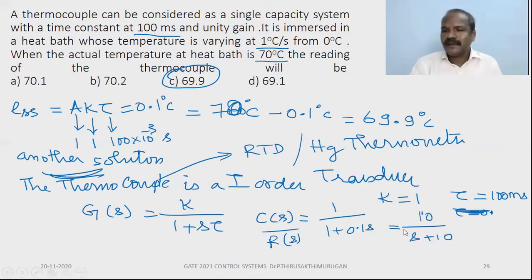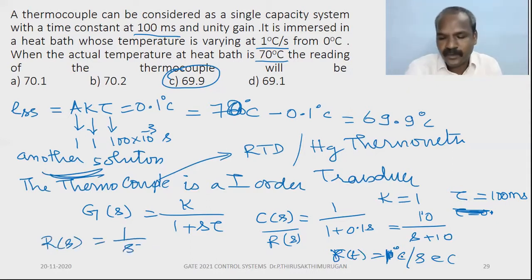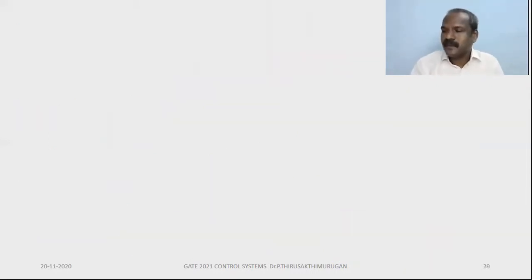Now apply r(t) as a ramp input, 1 degree Celsius per second. So r(t) equal to t into u(t), with slope 1. R(S) equal to 1 by S square, the Laplace transform of the ramp input.